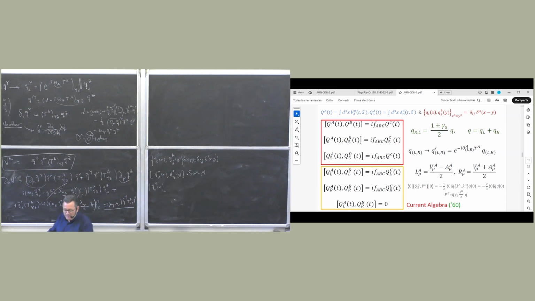Yeah, because in the notes I have mu and 0. If I put mu and nu, then at some point I will make a mistake. But it's pretty much the same. But look, the 0 is really what you need, because the charge is the time component of the vector current after integrating over space. So the 0 is what you really need.